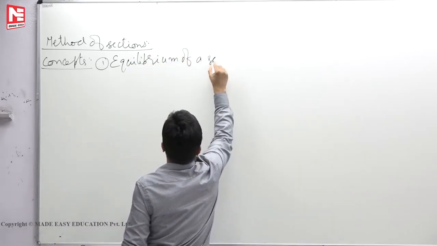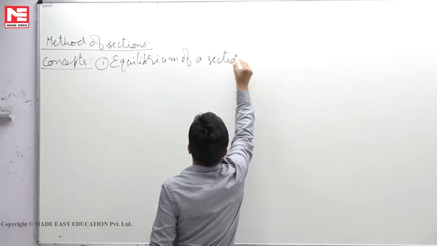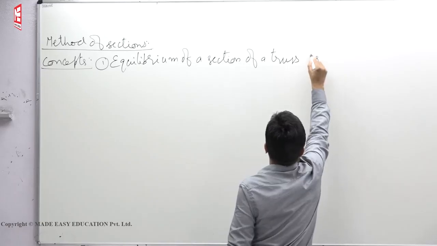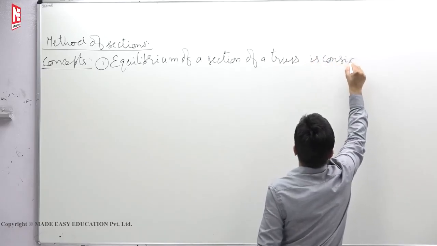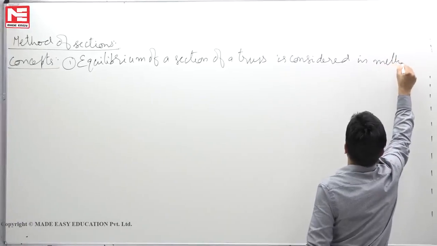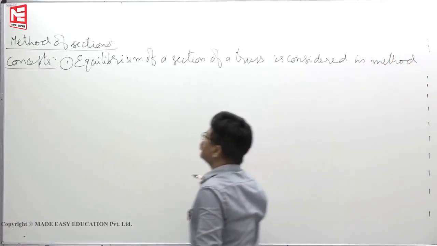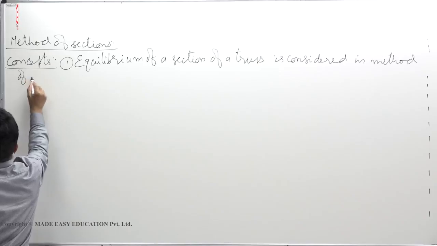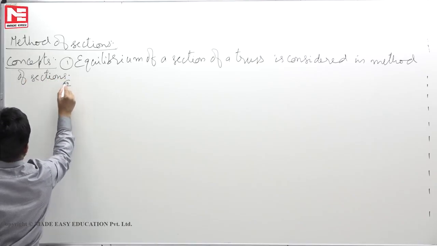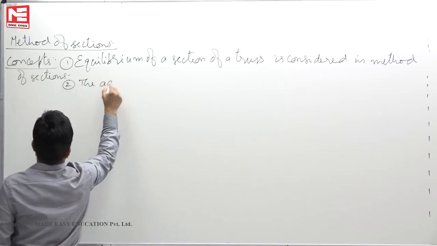Equilibrium of a section of a truss is considered in method of sections. Then what is the advantage?